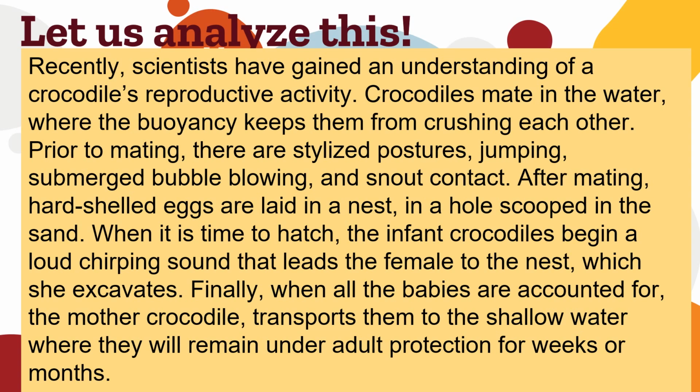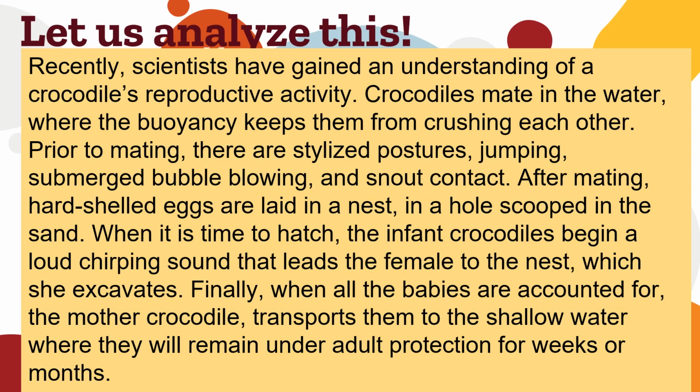Another, let us analyze this. Recently, scientists have gained an understanding of a crocodile's reproductive activity. Crocodiles mate in the water, where the buoyancy keeps them from crushing each other. Prior to mating, they use stylized postures, jumping, submerged bubble blowing, and snout contact. After mating, hard-shelled eggs are laid in a nest, in a hole scooped in sand.